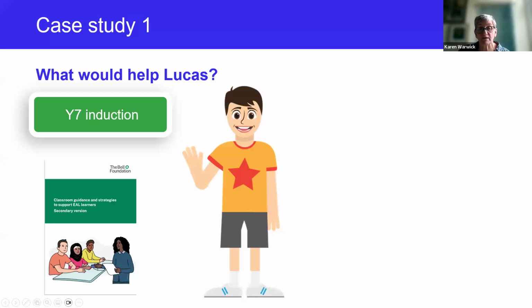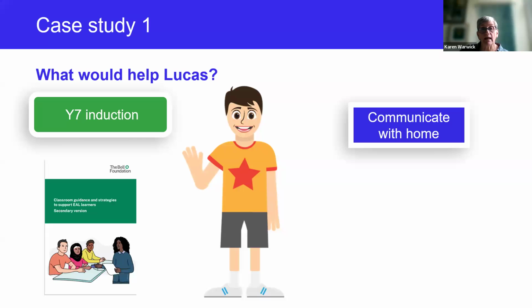He would hopefully have been really involved in that year 6, year 7 transition. And we really hope his family have been involved in understanding the transition process too. Communication with home includes some of the things Sarah's already picked up on: providing accessible materials so that parents understand what's going on, having opportunities to invite parents to the school, and making sure they know about events.